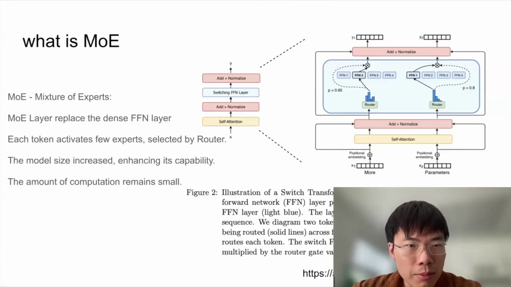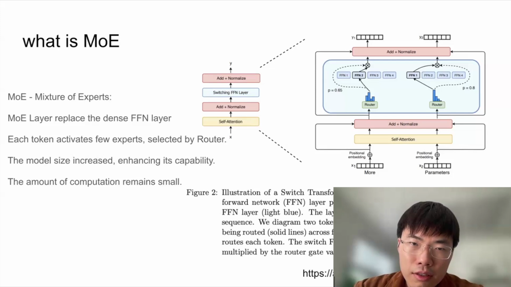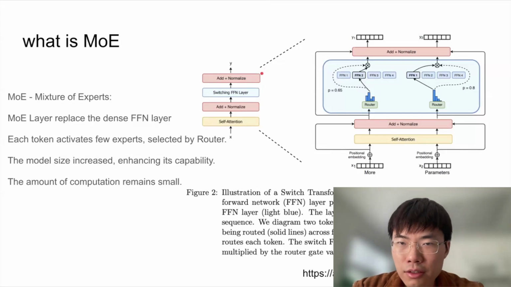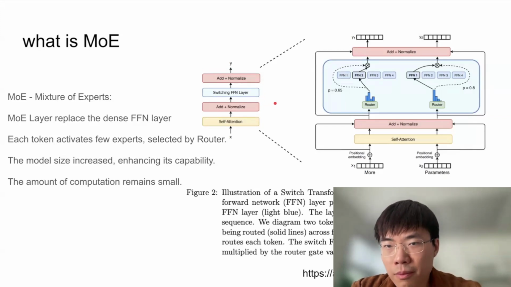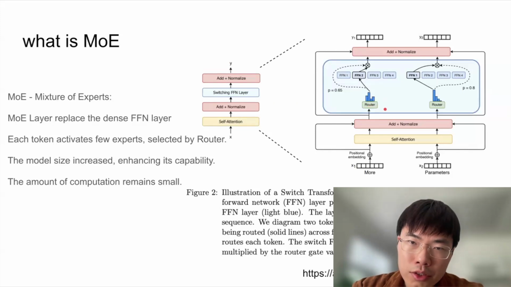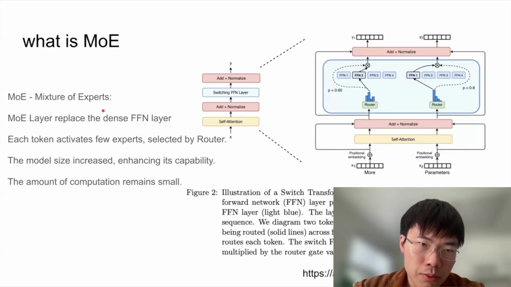First, let's talk about what MoE is. MoE, mixture of experts, is primarily targeting the feed-forward layer of the transformer models. Traditionally, you have self-attention, residual, and the FFN layer, and another residual. Instead of having a simple feed-forward network, you replace it with multiple of them. Then you have a router, which produces probabilities to route to one of them. MoE replaces dense models with more parameters.